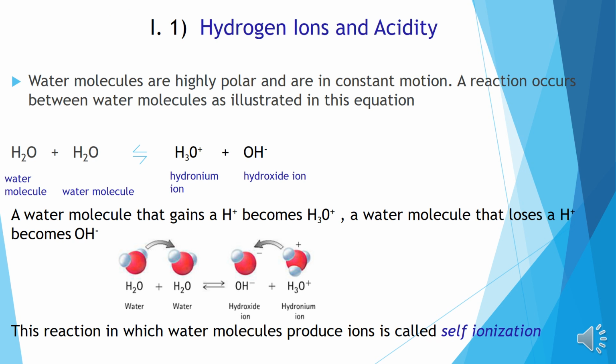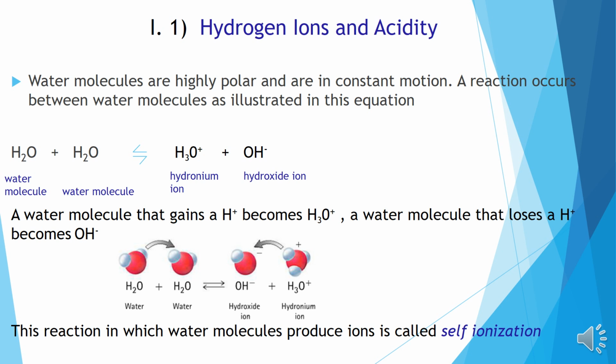Let's begin with the first objective by explaining the hydrogen ions and acidity. Recall that water molecules are highly polar and are in constant motion.